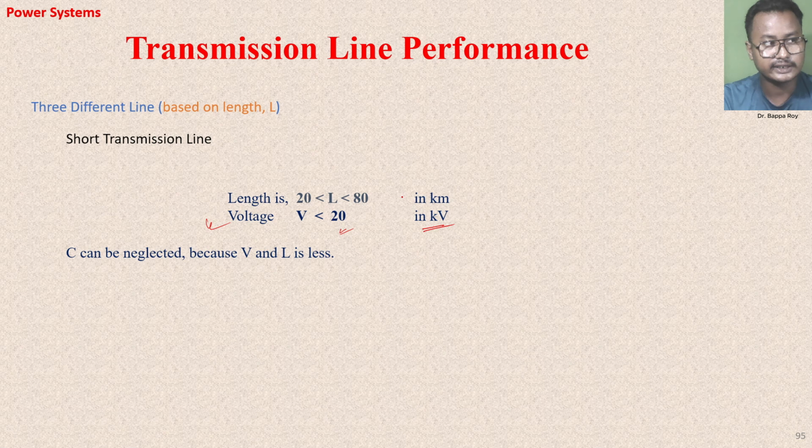Then we can say it's a short transmission line. And here C can be neglected because voltage is low and length is also low.